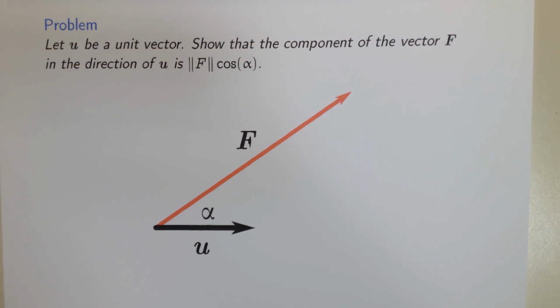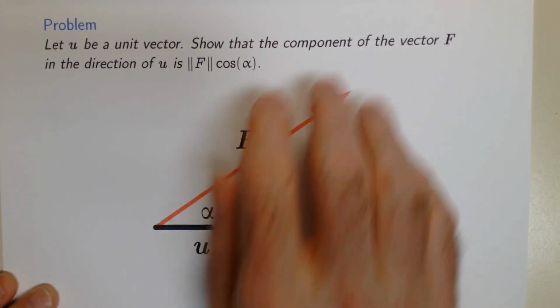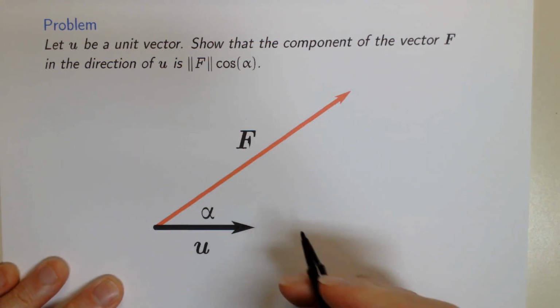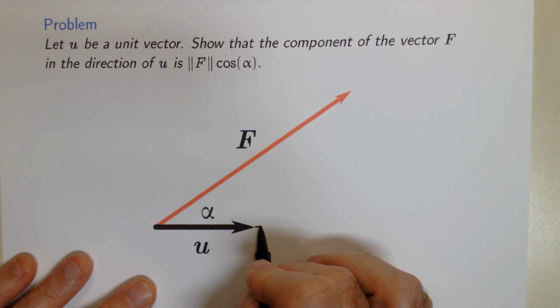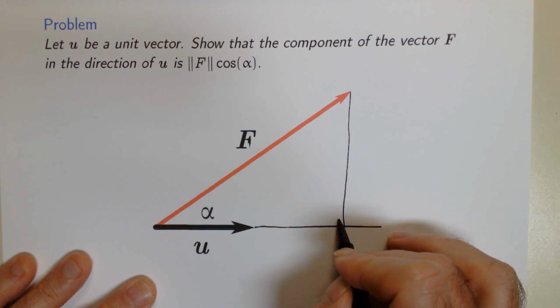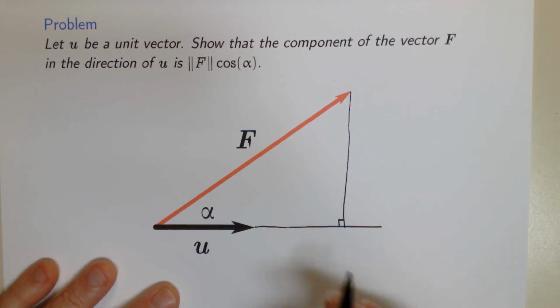All right, now, the first thing we're going to do to try to make sense of the meaning of this is to look at the projection of f onto the vector u. So we can picture that it looks something like this in this case. This picture is not perfect, but it'll get the job done.